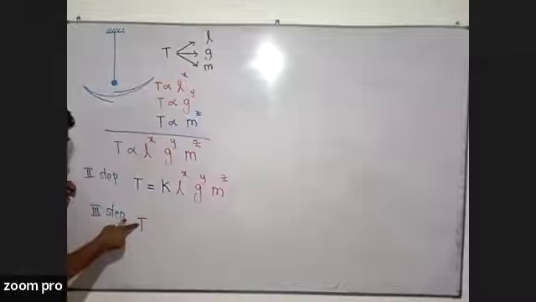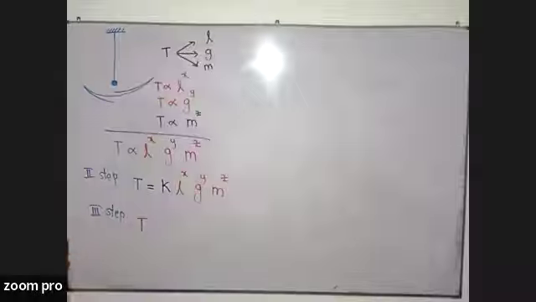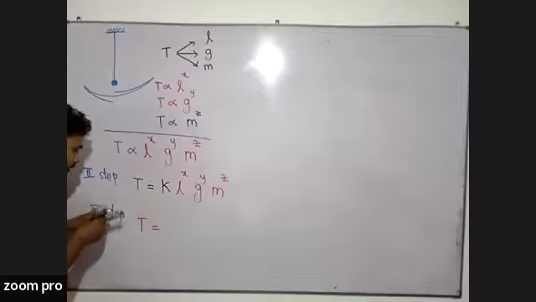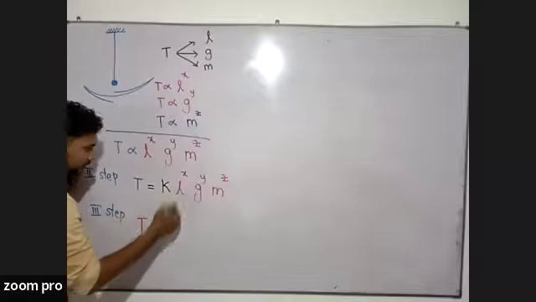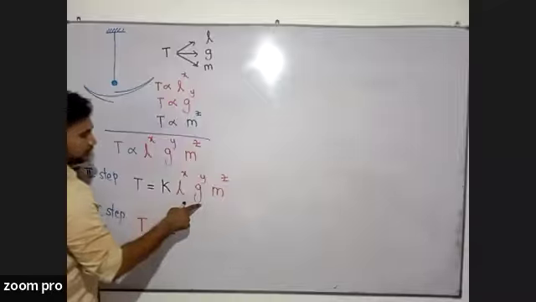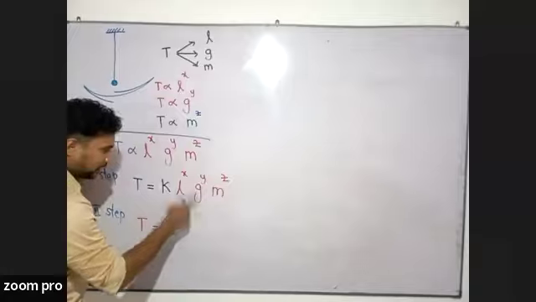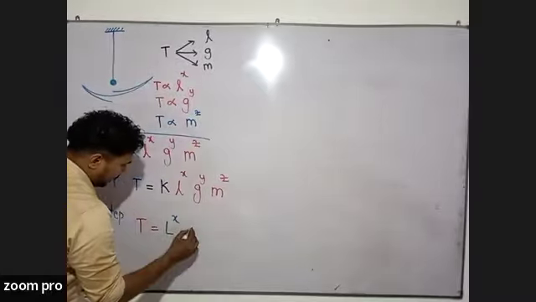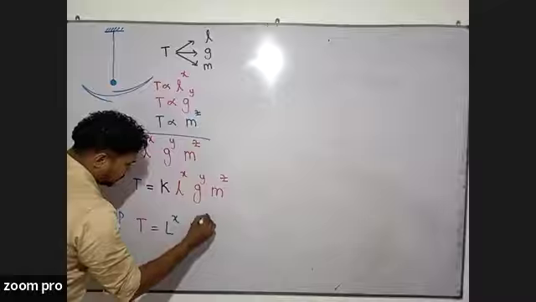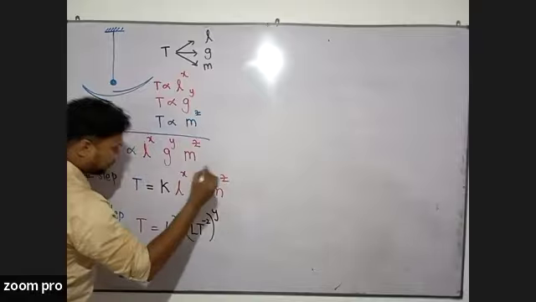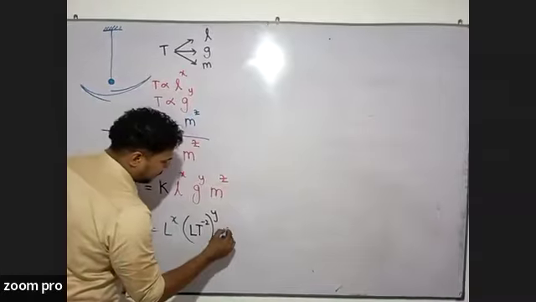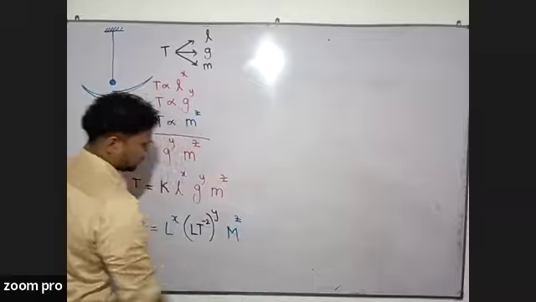So here I'm using dimensions, not this capital T, equal to L. L means length, so the dimensions of length should be capital L to the power of X. G means gravitational acceleration, so the dimensions of acceleration are L T to the power of minus 2, all to the power of Y. Similarly, M means mass, so capital M to the power of Z. Right.